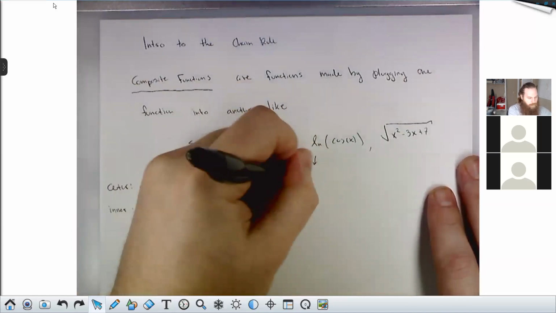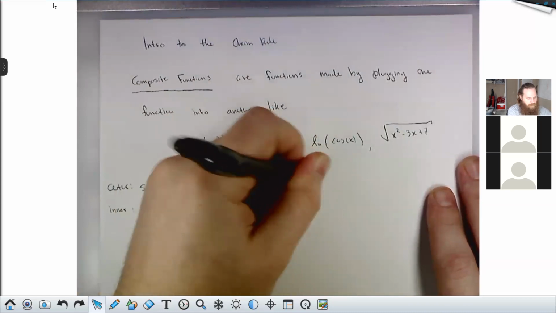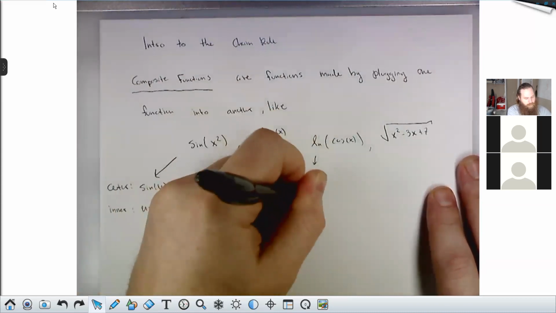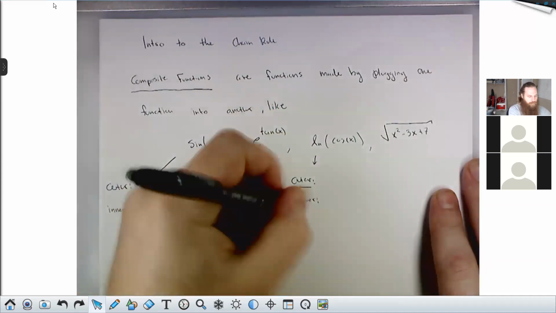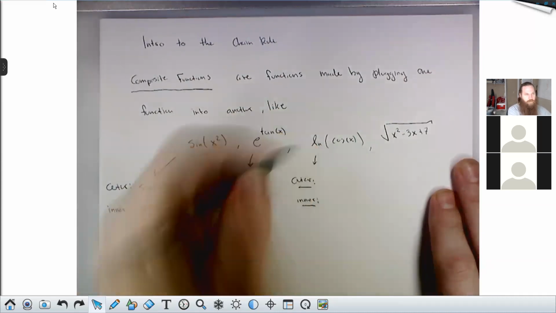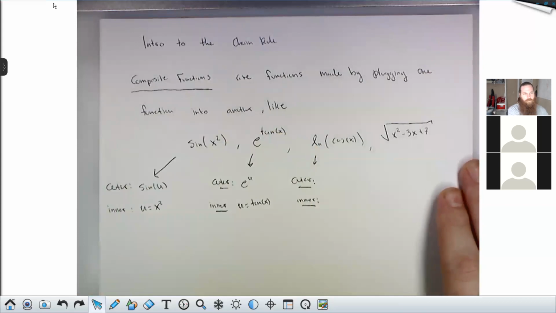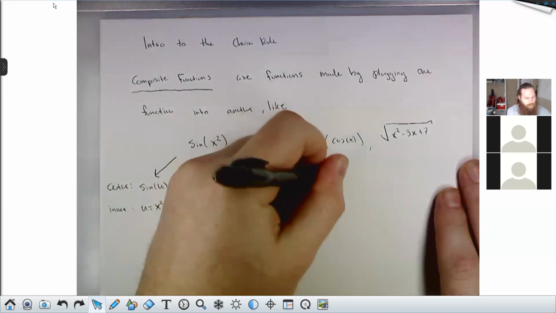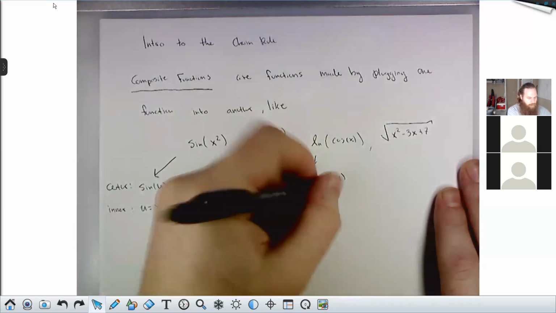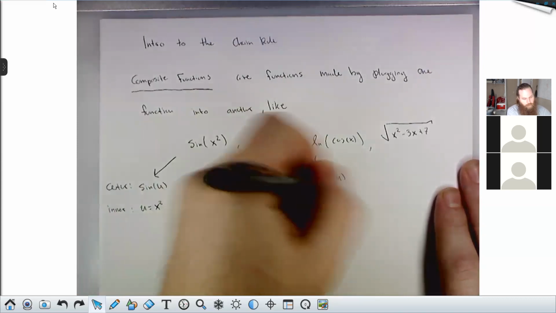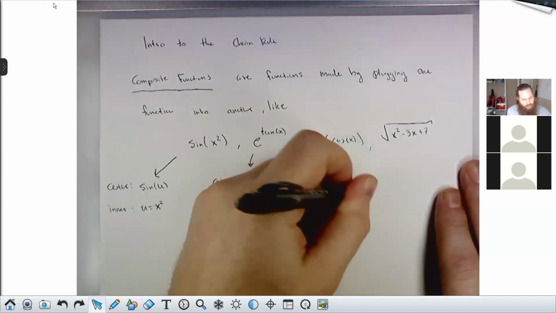You guys help me out here. What's my outer and what's my inner for this one? Outer first. What's the outer function here? Yeah, the natural log, right? So I would say that the outer function here is the natural log of u, and then my inner function is u equals cos x.